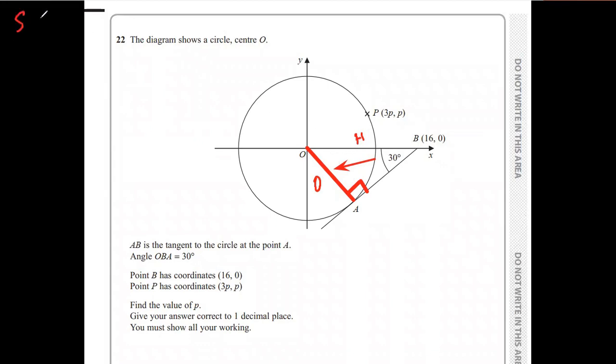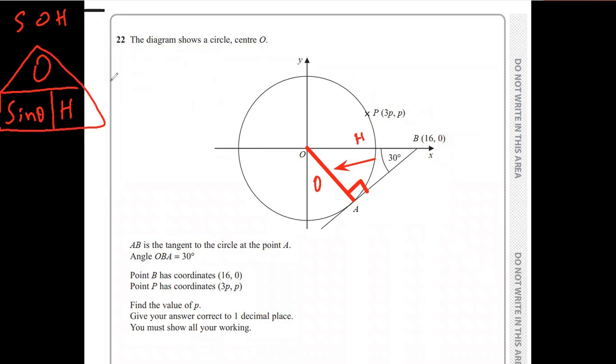So we can make the triangle by putting O on the top, sine theta and H. We can always form a triangle like this.